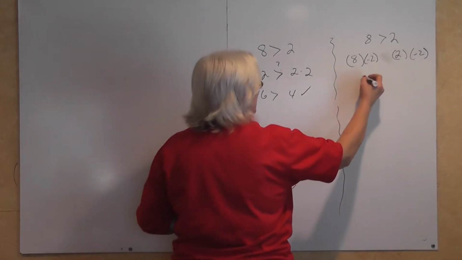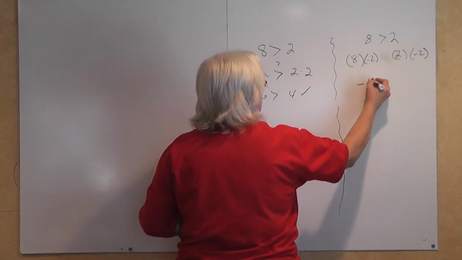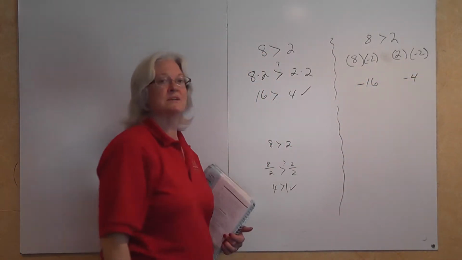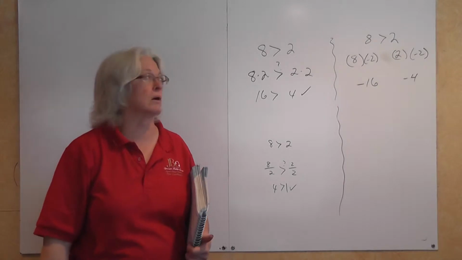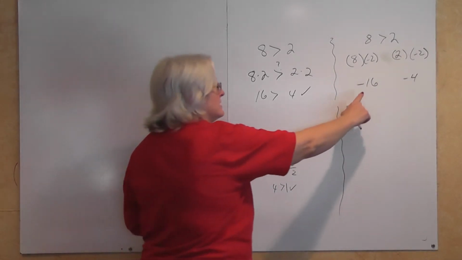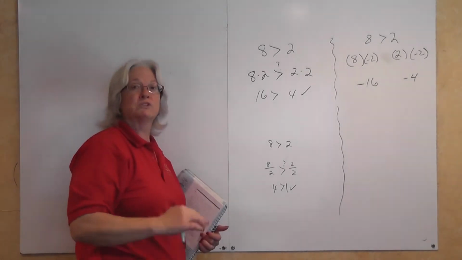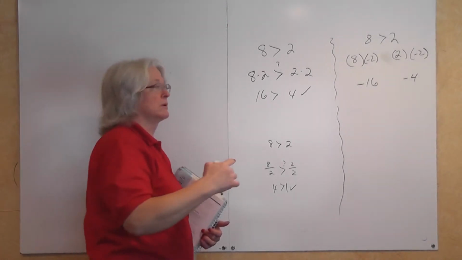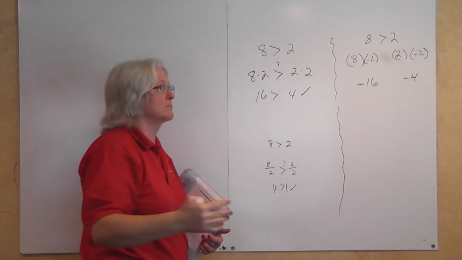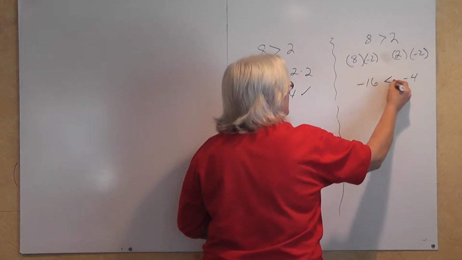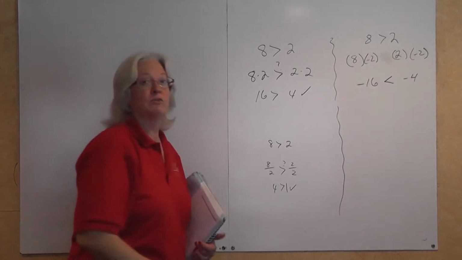Well, 8 times a negative 2 is a negative 16. 2 times a negative 2 is a negative 4. Which of these is the larger number? Is negative 16 larger, or is negative 4 larger? Well, negative 16 is smaller than negative 4.